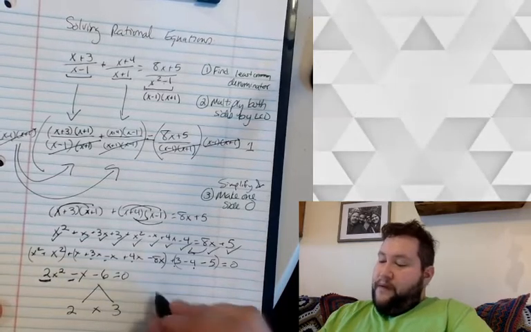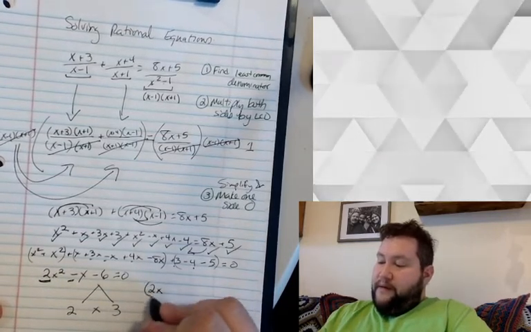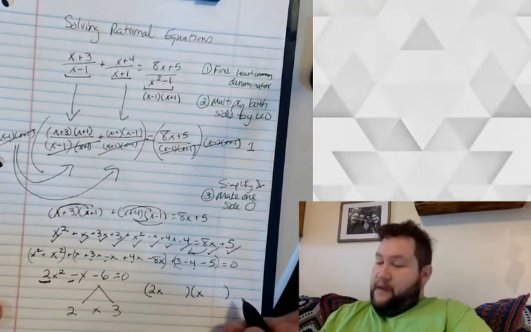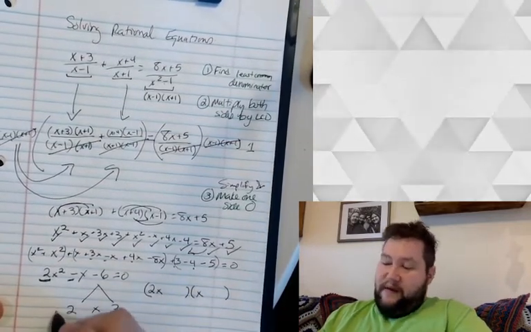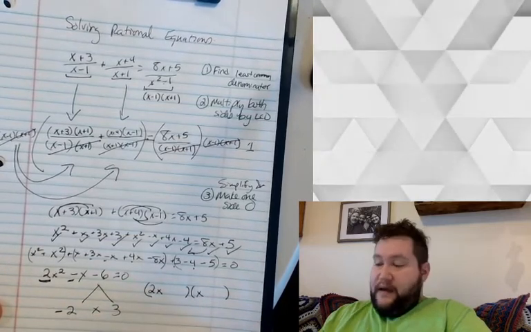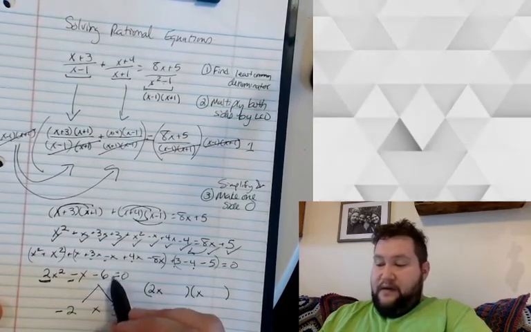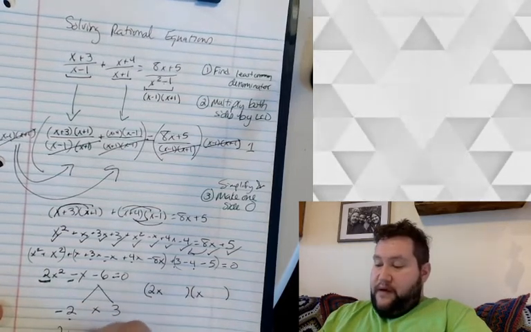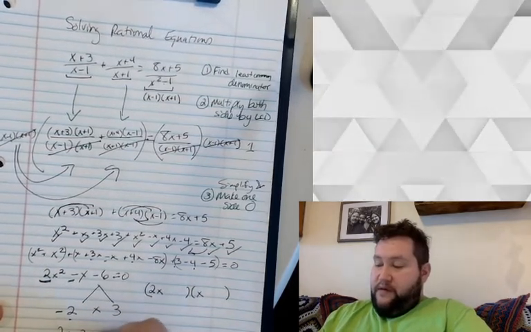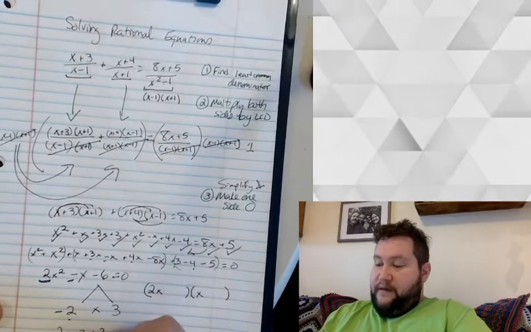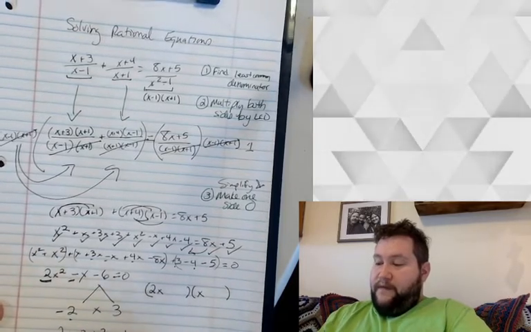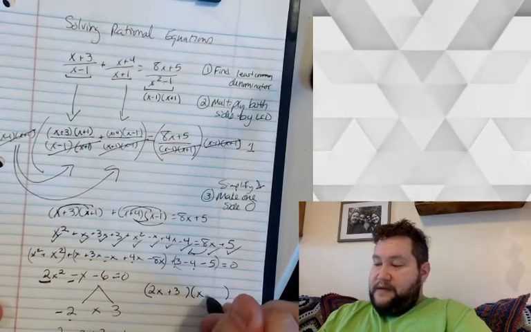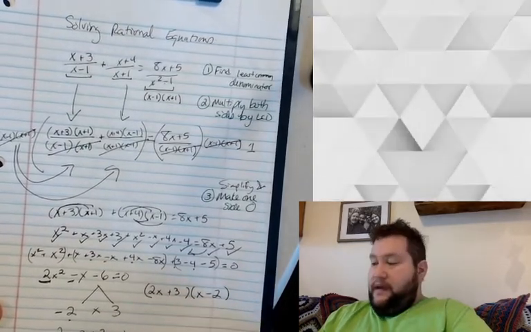And so we know we're going to end up with a 2x and an x. And it turns out if I make this a negative 2 times 3, I get negative 6. So 2 times negative 2 plus 3 is negative 1. So we have 2x plus 3, x minus 2, equal to 0.